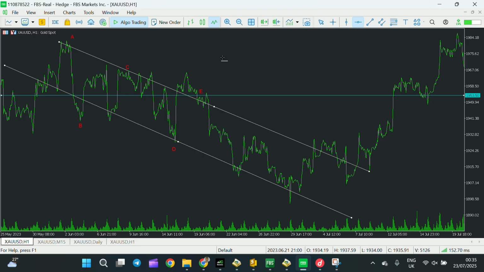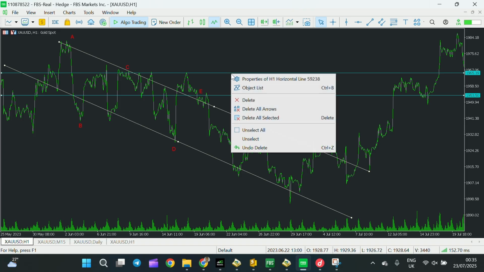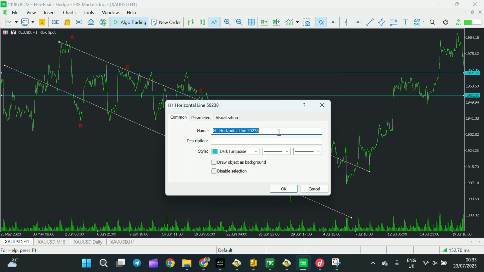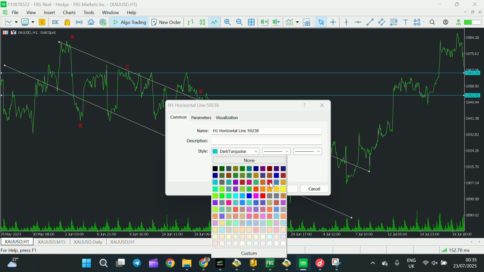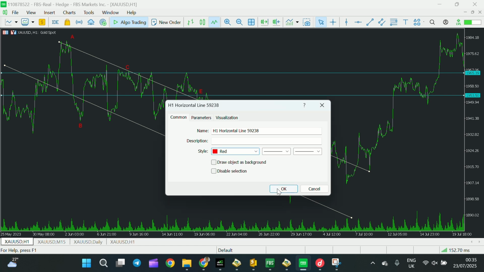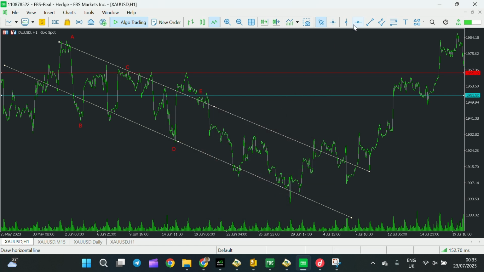And then this is our stop loss, and the stop loss is here. Remember that this is the London session.